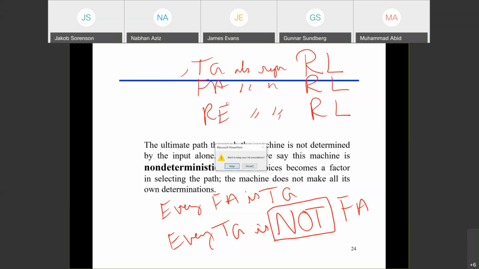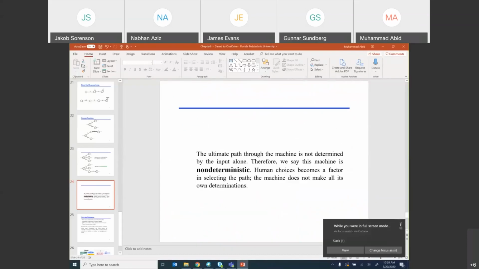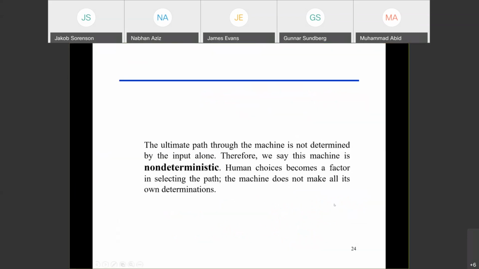One question: if every FA is a TG, and every FA is deterministic, does that mean a TG can be either deterministic or non-deterministic? Yes, you are right. But most of the time, the use of TG is to reduce the computational cost of your FA.